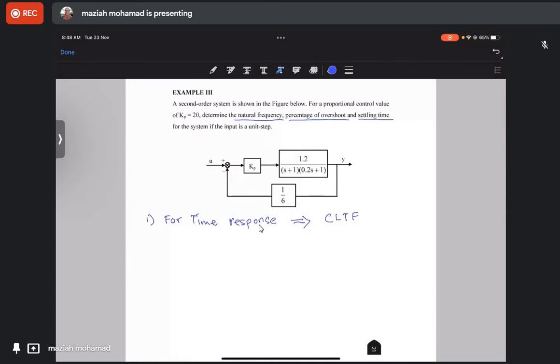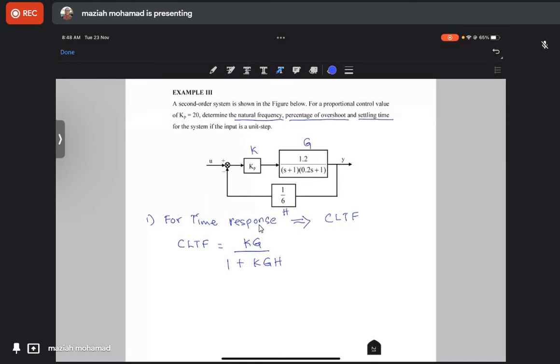For classification, it is based on the open loop transfer function, and for time response analysis, it will be based on the closed loop transfer function, which is given by KG over 1 plus KGH. I believe you're already familiar with this equation. So we consider this is K, this is G, and this is H.